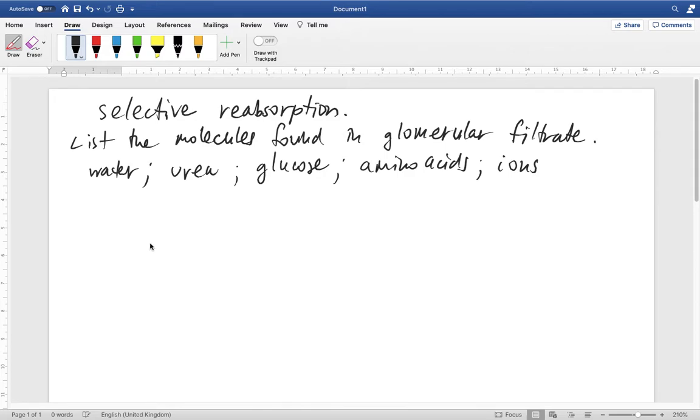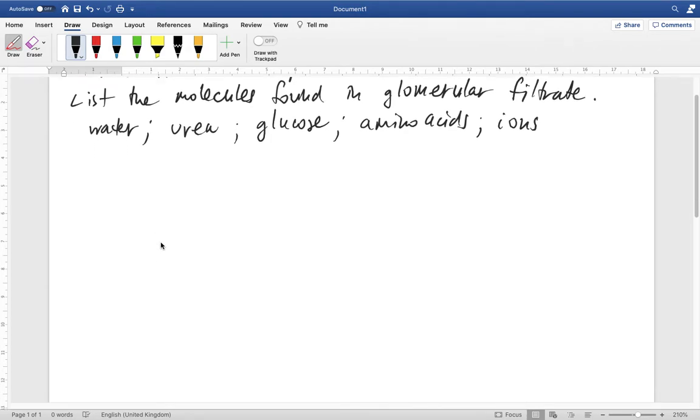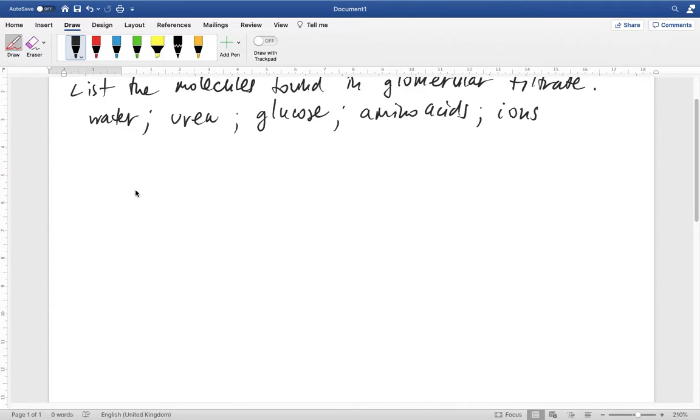Now, you can, of course, just go and copy and paste the picture from the internet, but I think it would be a good idea to have a go at drawing it with me, because as you're drawing a nephron, it really makes you think about how these structures fit together, what the names of the structures are, etc.